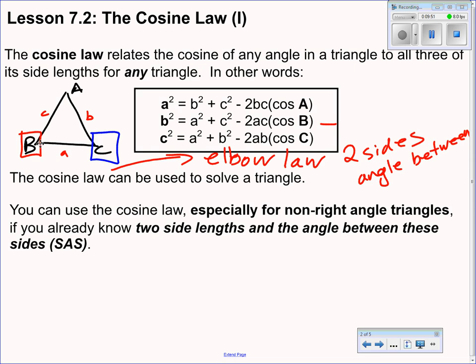So the equation is going to be b squared plus a squared minus 2 times b times a cosine of the angle C, and that is equal to little c squared. And that's it. And we can use that pattern over and over again and basically not have to memorize these equations. So let's go on to this problem set here.